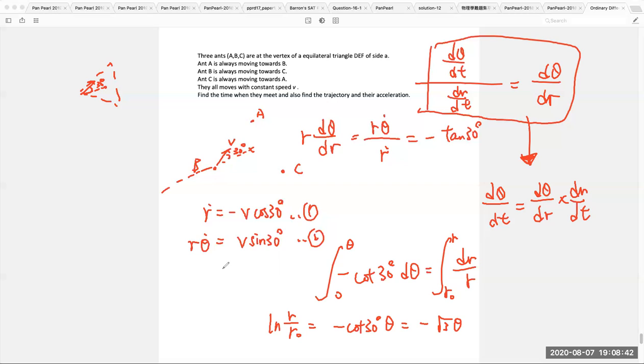Okay. Then you can get the trajectory in the polar form. Then I think it's not too difficult if you want to find the acceleration. So leave it. You can just use the general form to find the acceleration.